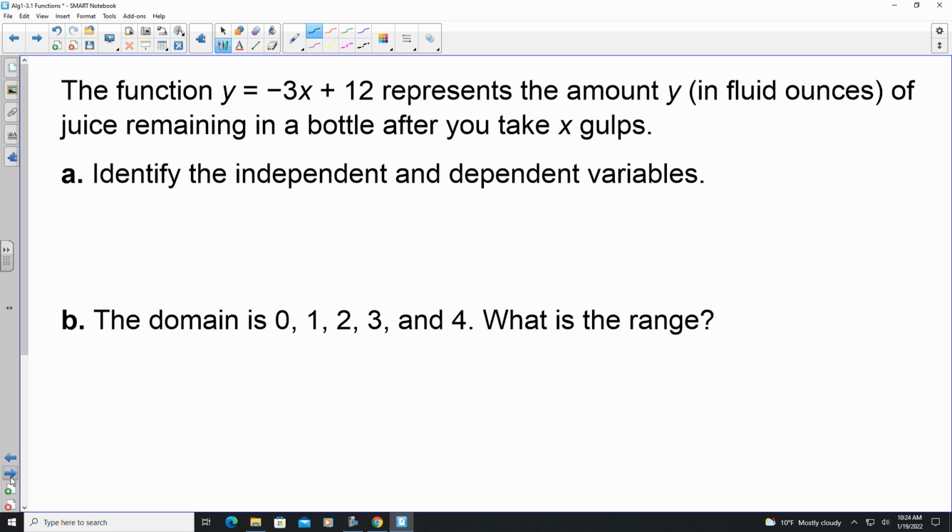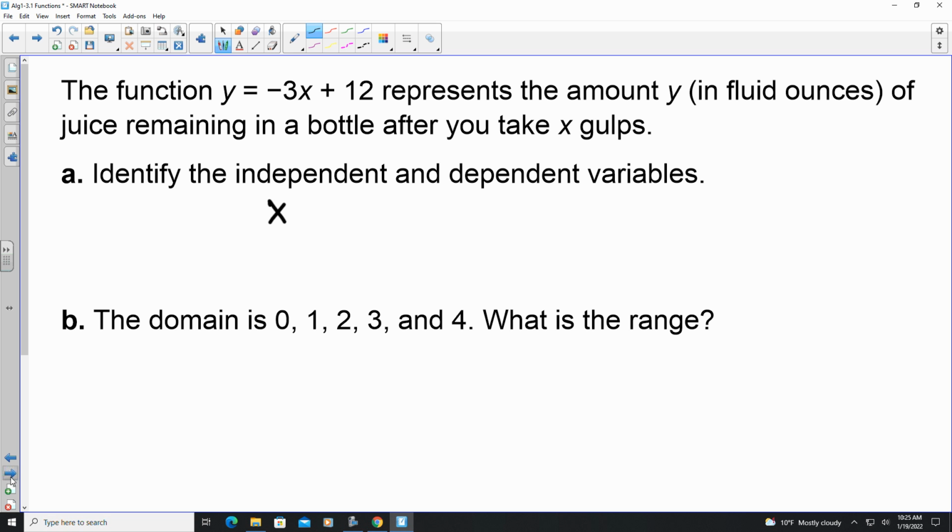So here it says that you have a function. Y equals negative 3x plus 12 represents the amount y in fluid ounces of juice remaining in a bottle after you take x gulps. They want you to identify the independent and dependent variables. So the independent variable, like I said, is normally the value of x.